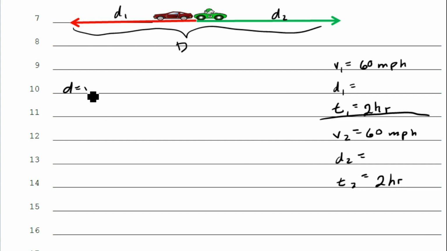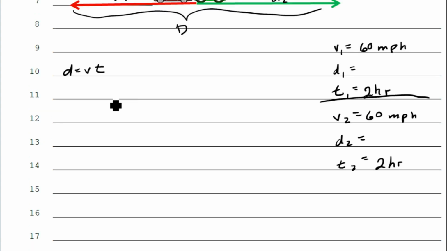Same equation applies. D equals VT, and we know that D, the distance they're apart, equals D1 plus D2. And replacing these D1s with a V and a T, V1 T1, D2 is equal to V2 T2. And we have all the information.